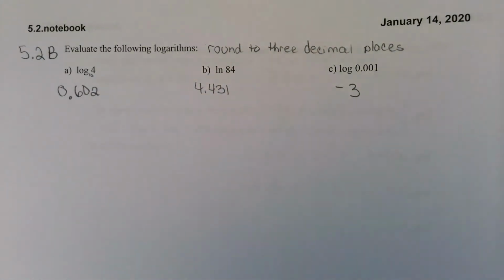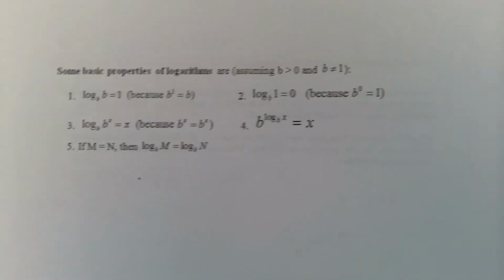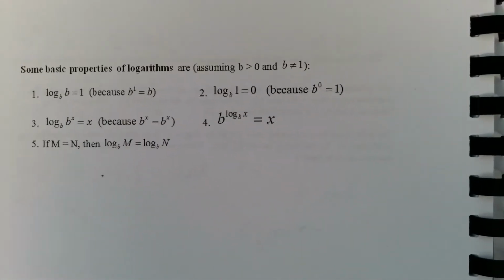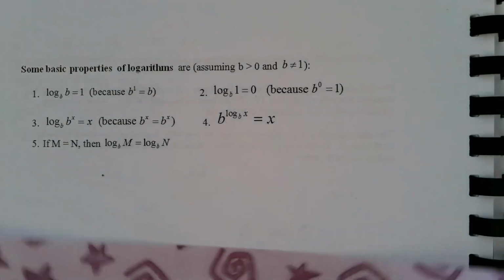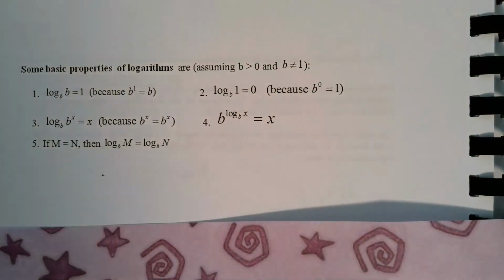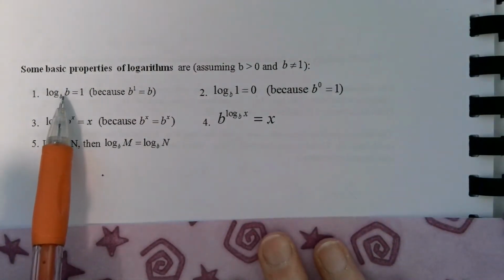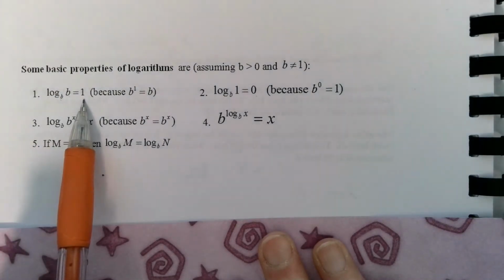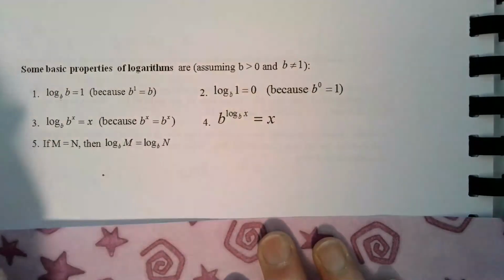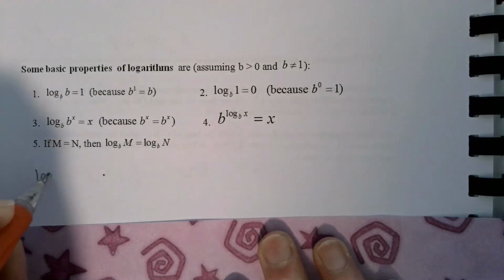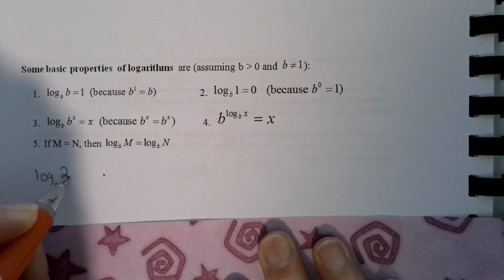Now let's look at some properties. Basic properties that are just based on the definition of these exponentials that we're based on. When you have the log and the base and the argument are the same number, then it's going to always equal 1. That's something like the log base 2 of 2.